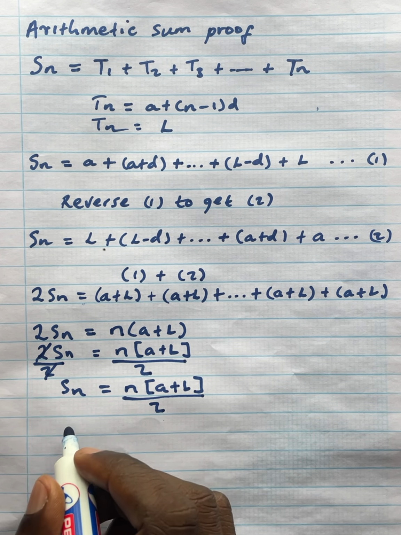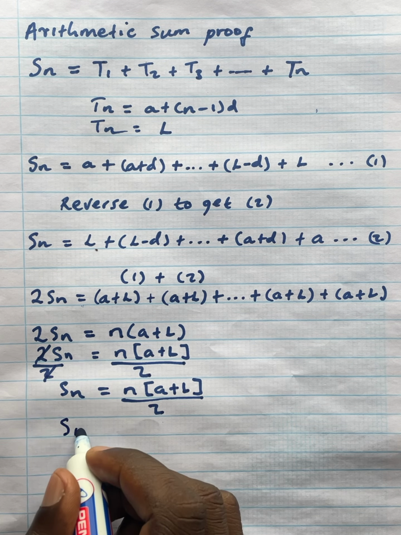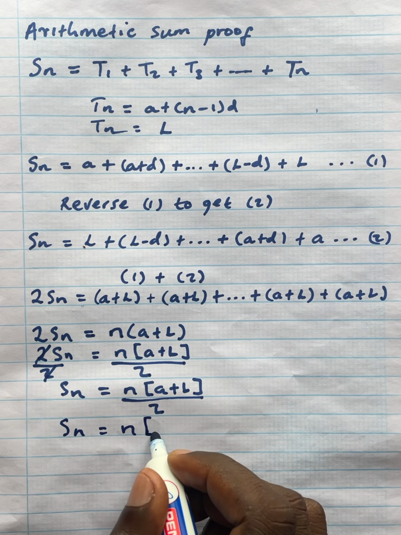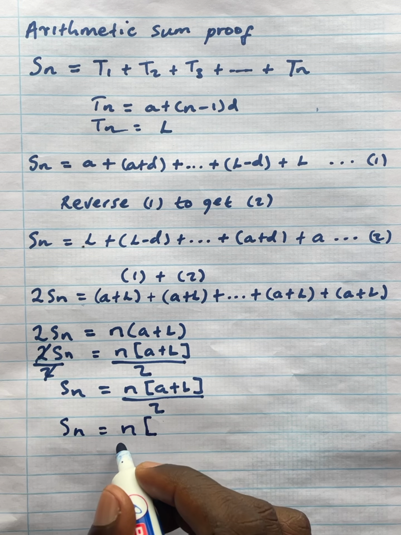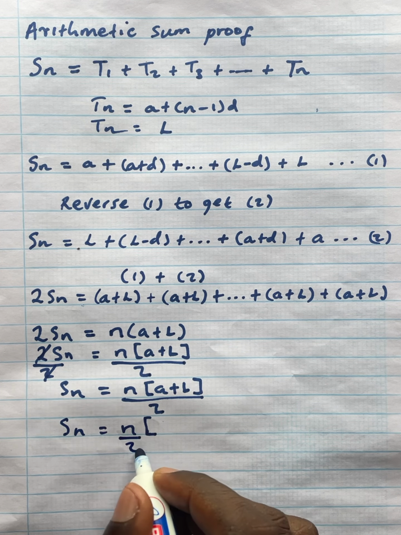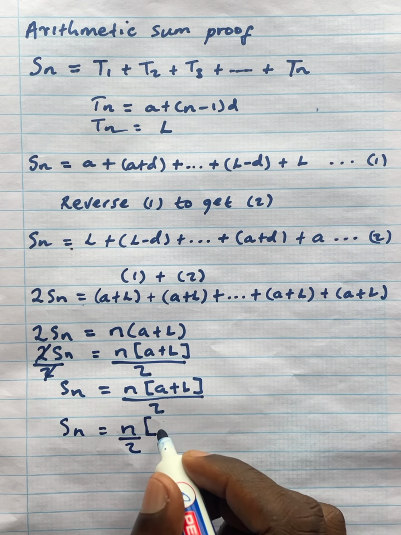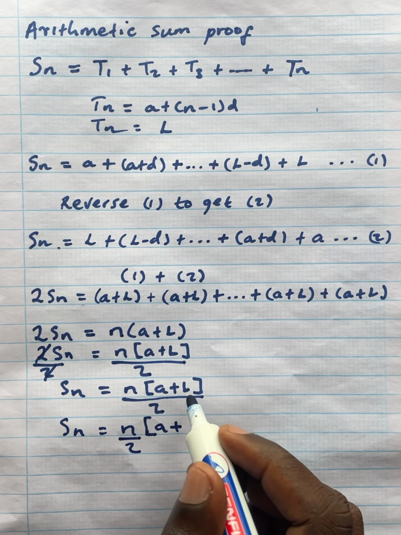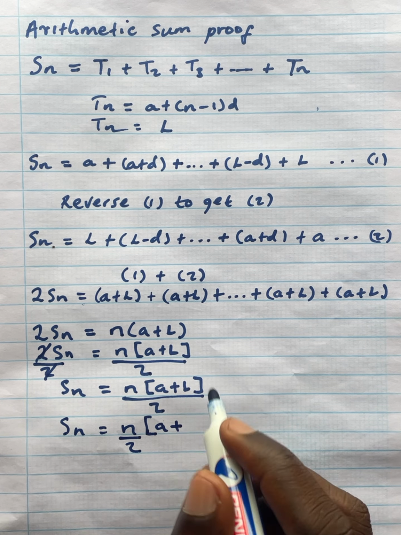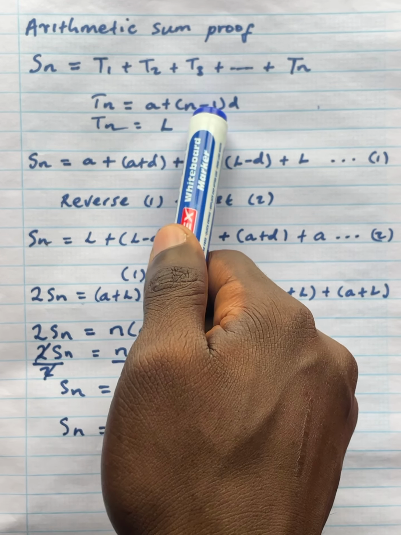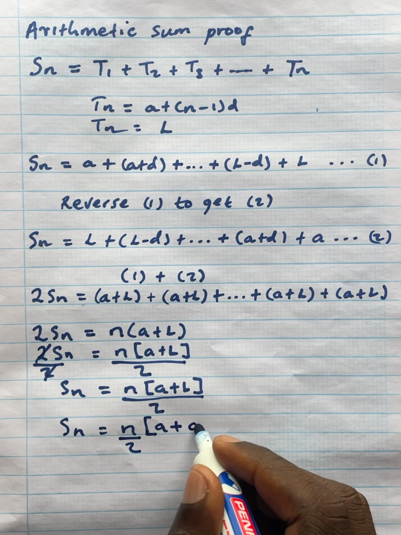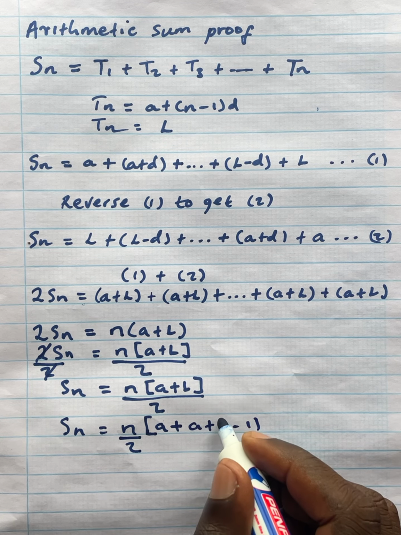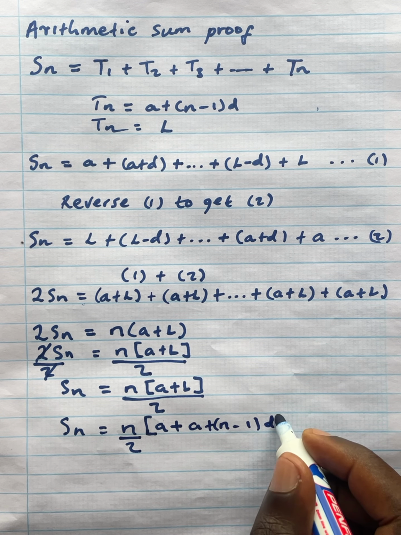Watch this. So this means we're going to have S of n equals n over 2, open bracket, a plus. I'm more interested in the L. What are we going to replace the L with? If you remember, it's going to be a plus (n minus 1)d. So you're going to put a plus (n minus 1) like that in brackets, and then d.